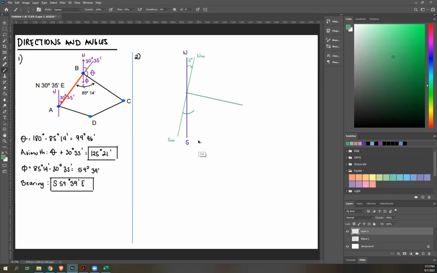This is your line AB. Or A could extend somewhere here as well, but I'm going to cut it short here just to make our drawing cleaner. So I'll just put my A here.